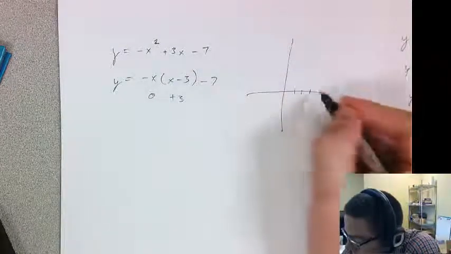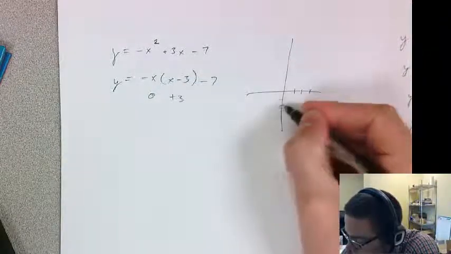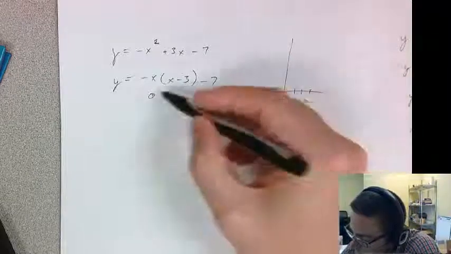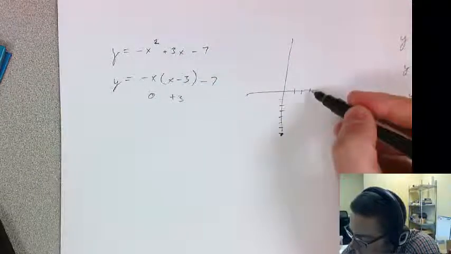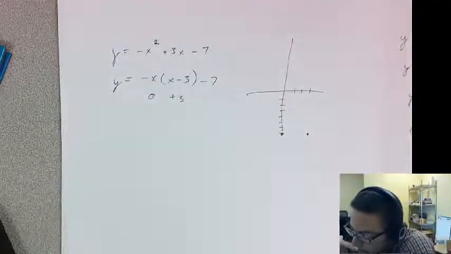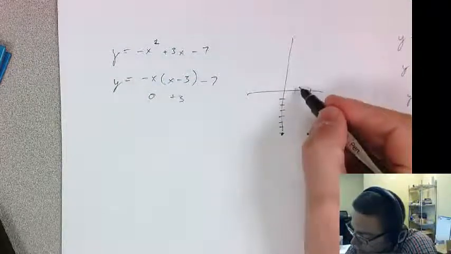So 0 would make a negative 7, and 3 would make a negative 7. Now halfway between them would be 3 halves, right?